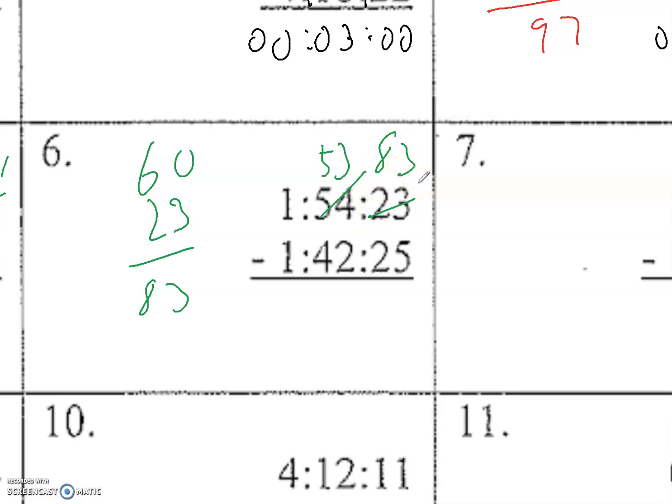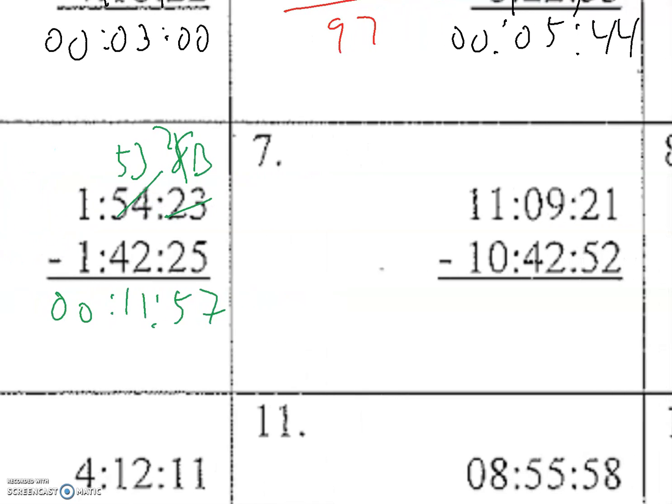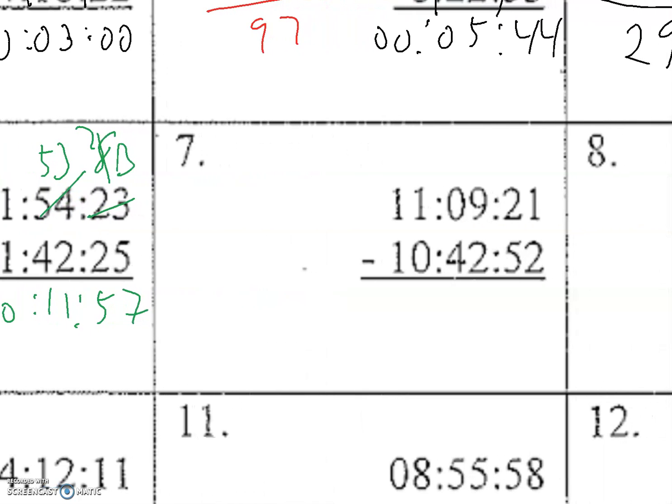If you could see, the math is getting a little more logical. 83 minus 25 is 57. 53 minus 42, 11. And 0 minus 0 is 0, 0. Great. Remember, you could always rewind and watch these again and practice, practice, practice. That's the best part of time math.